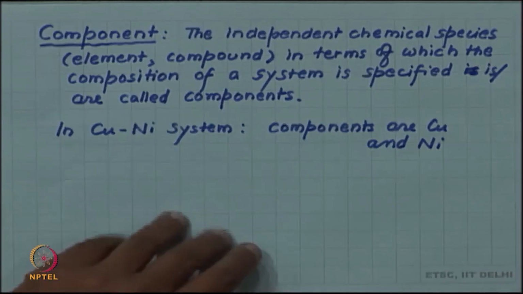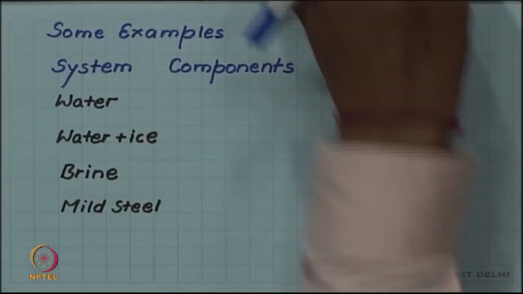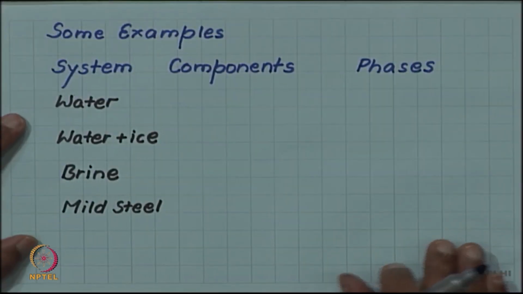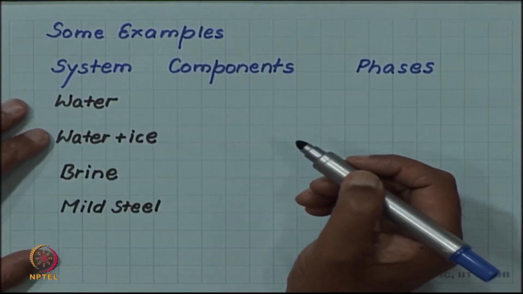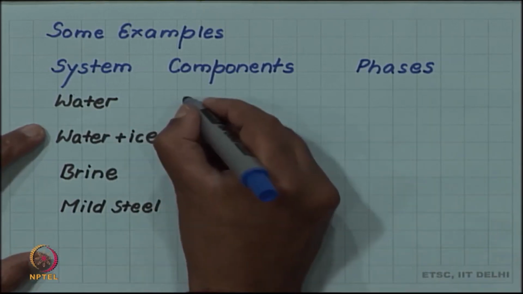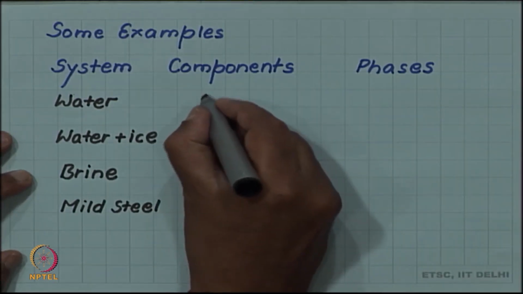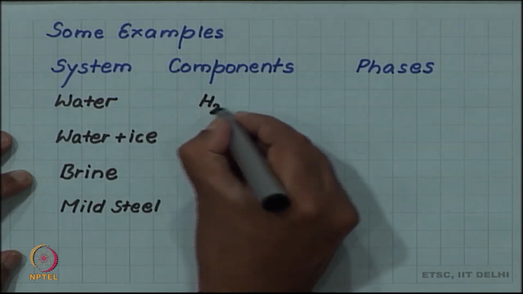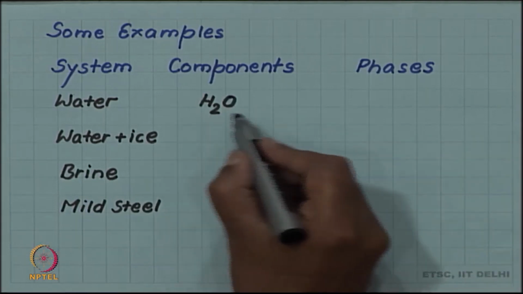Let us look at some more examples. So, let us consider water. Now, water, of course, you know, is compound of hydrogen and oxygen, but hydrogen and oxygen appear always as one combination, and that is 2 hydrogen atoms to 1 oxygen atom. So, this composition is fixed, you can't vary that.